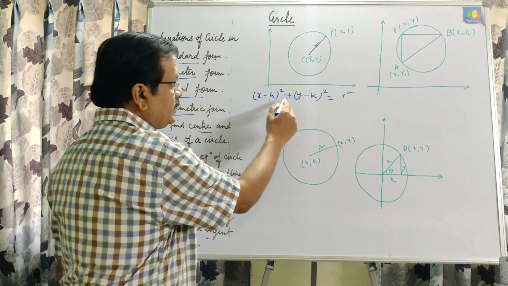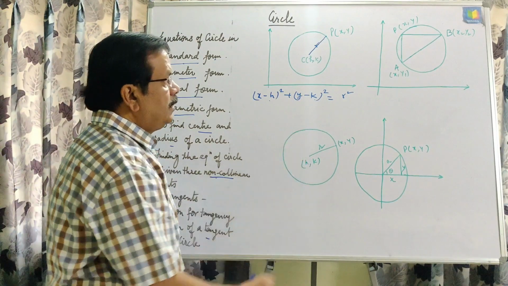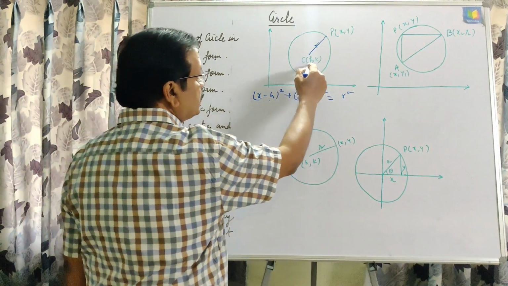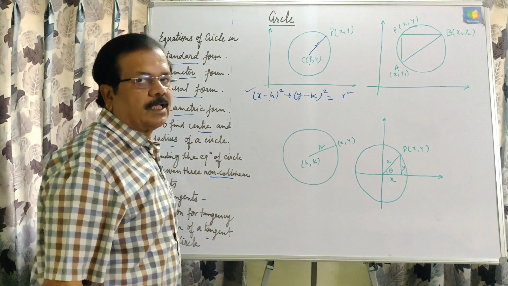In this, h and k is the center of the circle and r is the radius of the circle.